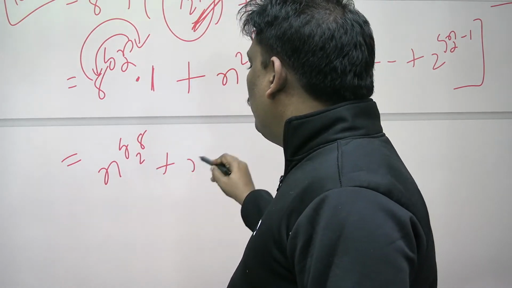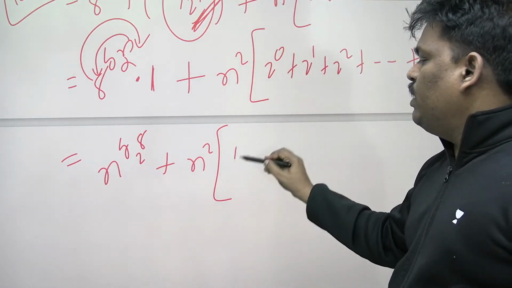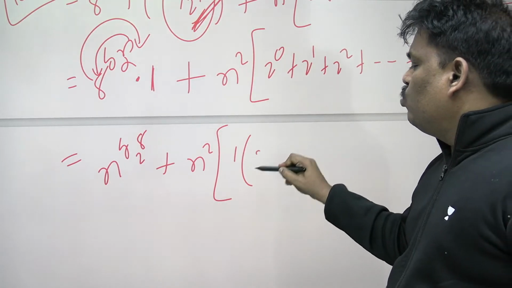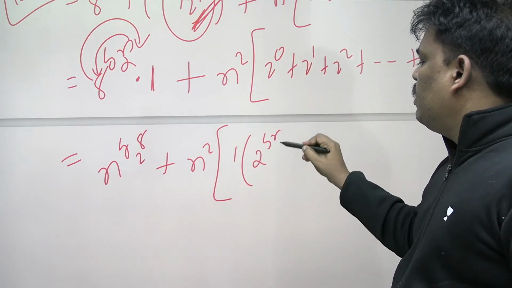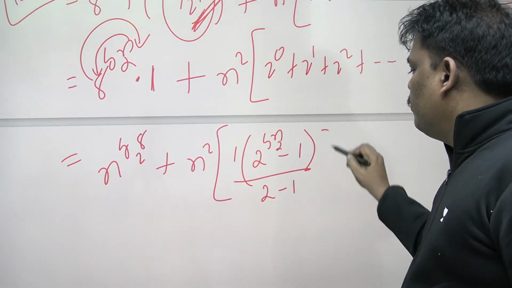Plus n square into the GP series, which you can solve. The first term is 1, and r value is more than 1, so it is r power n minus 1 by r minus 1. How many terms are there? Log n terms, so 2 power log n minus 1 by 2 minus 1.